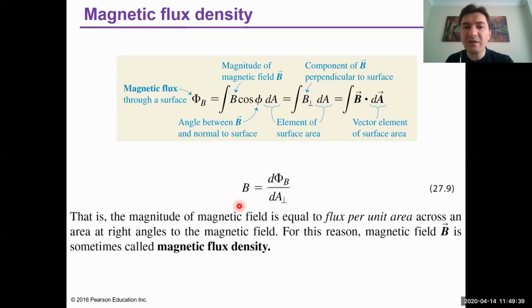If you take B from that expression, you will get that one, d phi B over dA, okay? For this reason, the magnetic field is sometimes called magnetic flux density. So another name of magnetic field is magnetic flux density. You can see many books and papers with that name, okay? This B also called as magnetic flux density, magnetic field or magnetic flux density.